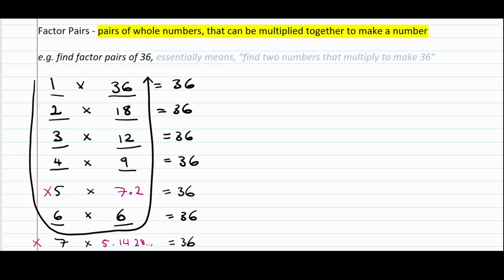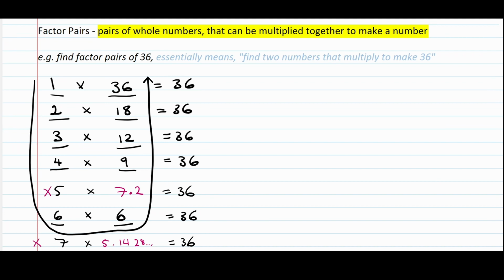We have 1, 2, 3, 4, not 5, but we do have 6. We have 6 again, 9, 12, 18, and 36. So everything in this U, this arrow that I'm pointing, is all the factors of 36. Those are the factors. So we've found both the factor pairs and the factors of 36.